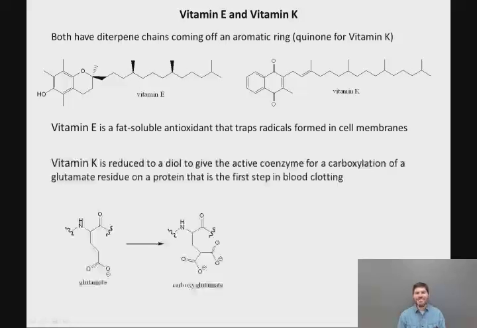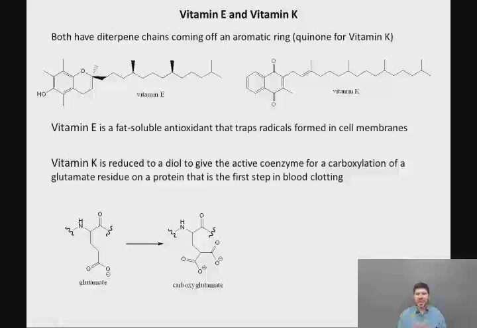Vitamin K is involved in blood clotting. The vitamin itself, the quinone, is actually reduced to a diol, and that diol form is the active coenzyme for an enzyme that catalyzes the carboxylation of a glutamate residue on a protein that is involved in the first step of blood clotting.